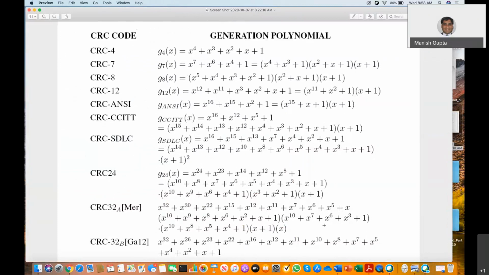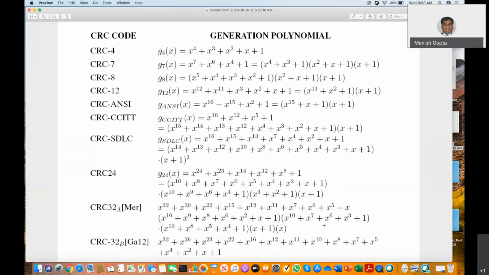If you look at the industry standards and many applications, you will see that these polynomials are pretty standard. They are used in cyclic redundancy check, CRC. CRC12 is a degree 12 polynomial. Okay, CRC-16, CRC-24.